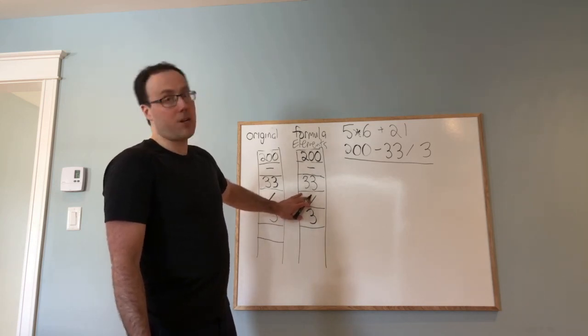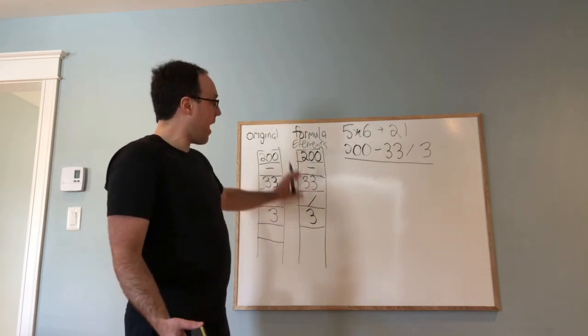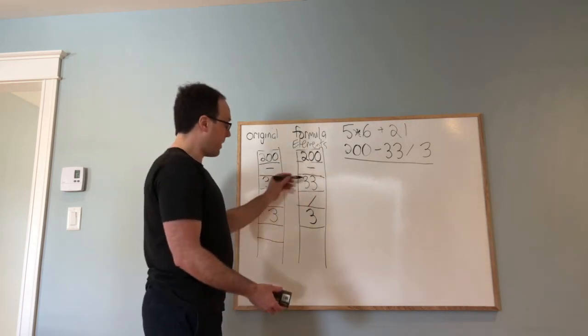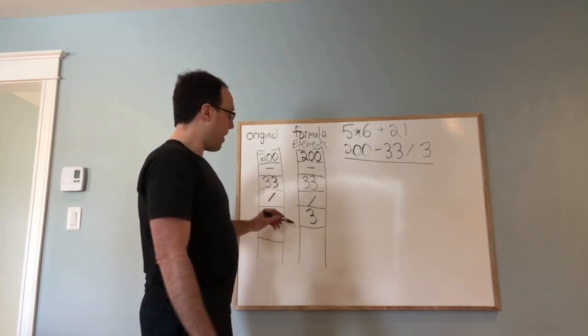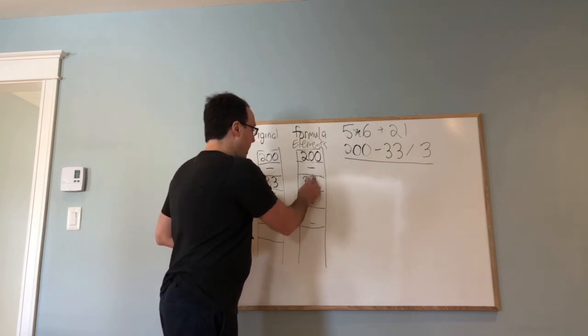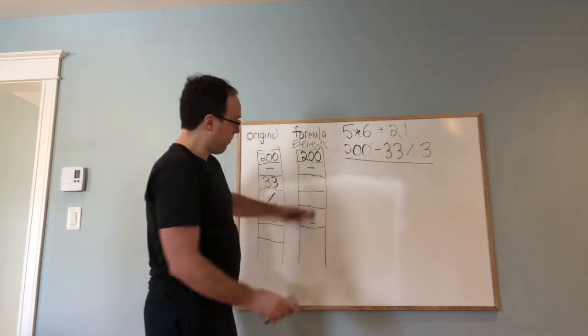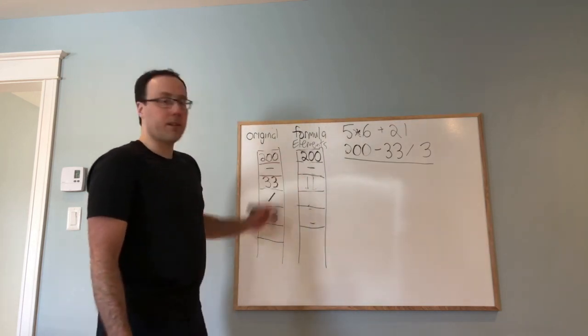In this case, it's a division operator. So that means I have to solve this and store the value in this array. So I'm going to take 33, and I am going to divide it by 3, and that gives me 11. So I'm going to then remove that operation, basically remove those elements from the array, and enter in 11 that represents that value.